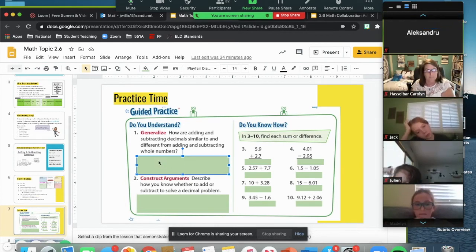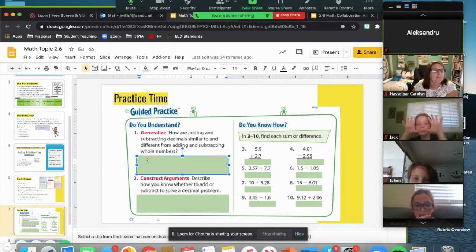Anybody? I'm seeing a lot of blank faces. Jack, how are they similar?